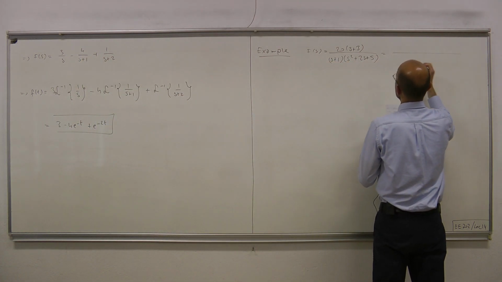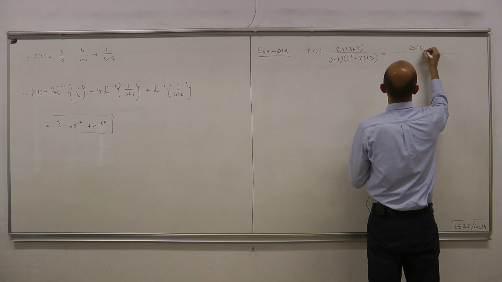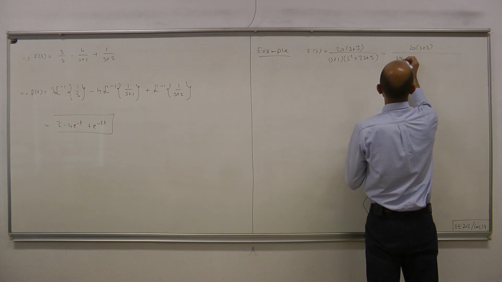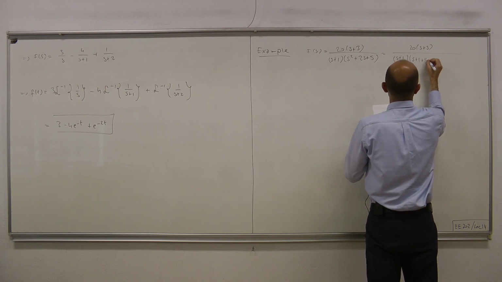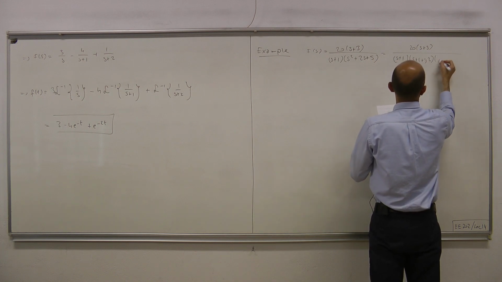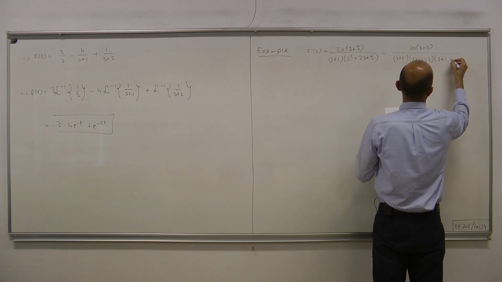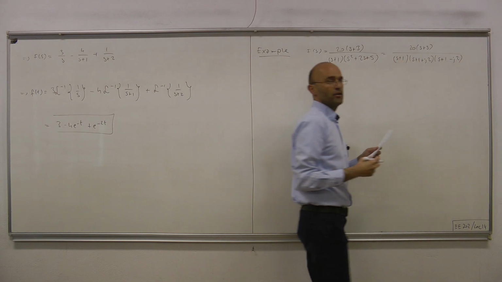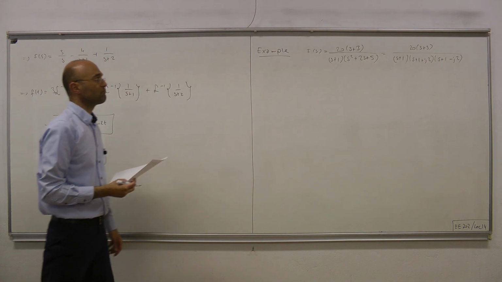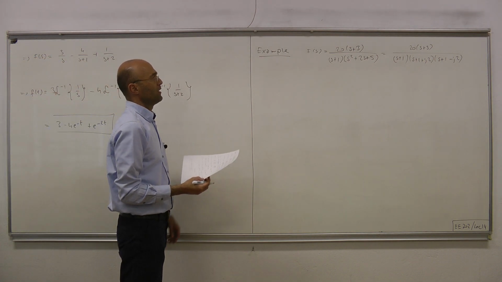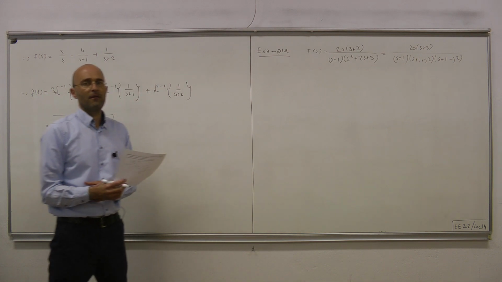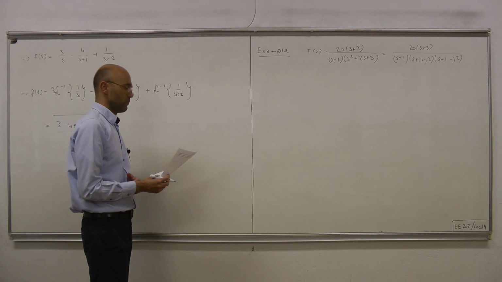We can rewrite this as (20s plus 3) over (s plus 1) times (s plus 1 plus j2) and (s plus 1 minus j2). Again, we have no repetition of the poles, therefore this is a proper rational function with simple poles.